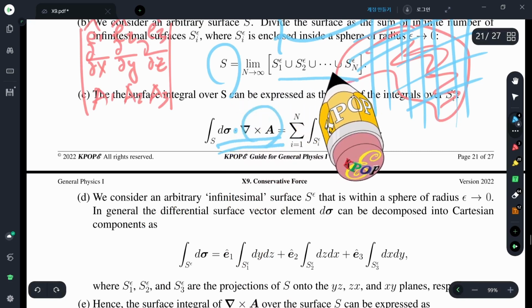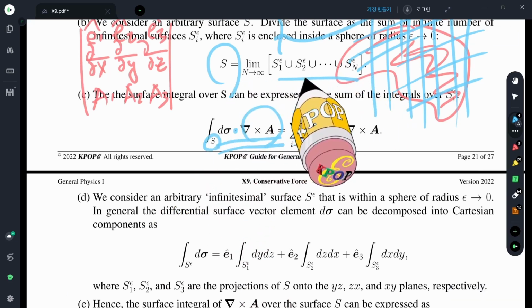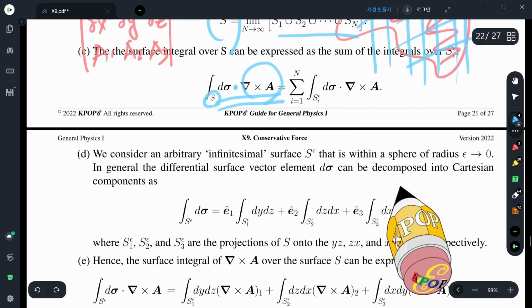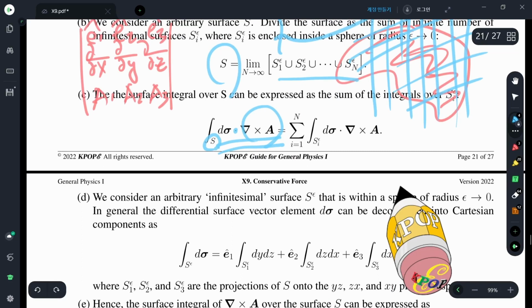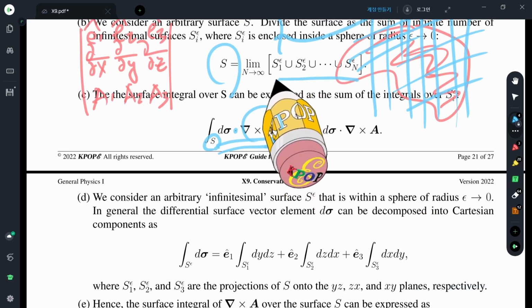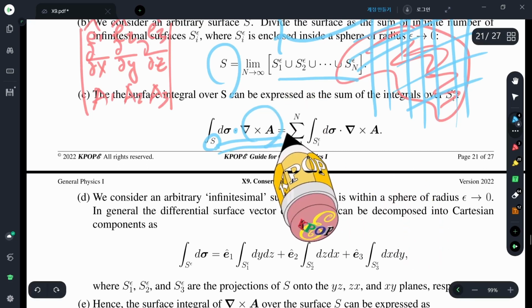I told you this surface can be decomposed into many tiny pieces, and the number of partial surfaces will be increasing to infinity.